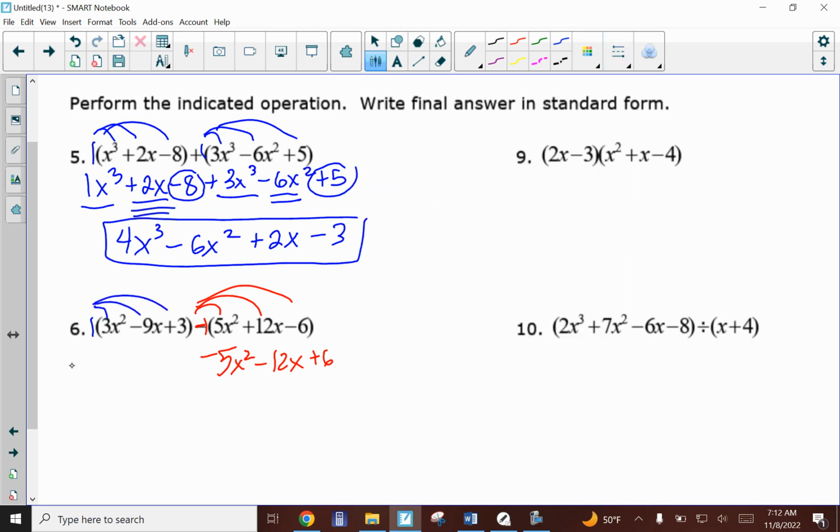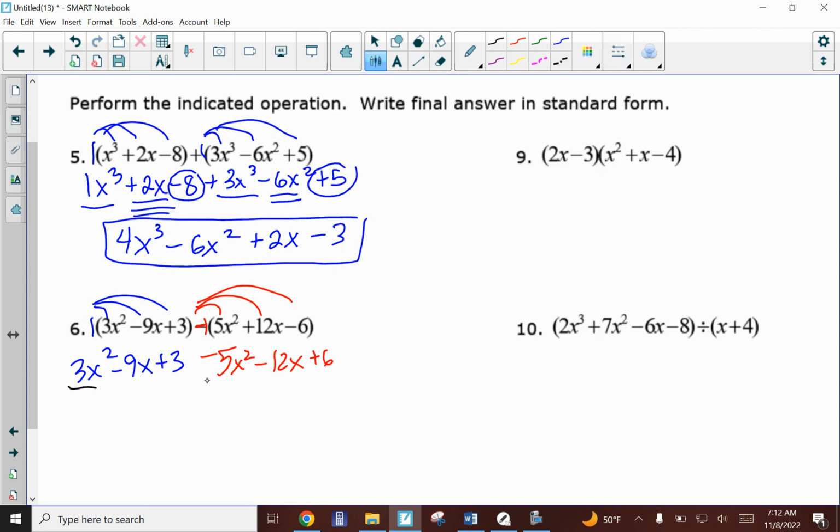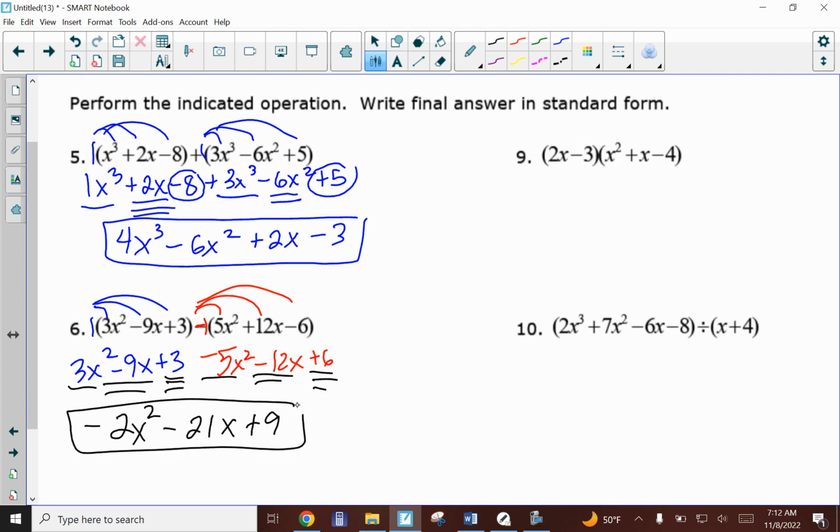So when you times the +1 to everything, it stays exactly the same. And then after we get rid of all of our parentheses, now we can combine like terms starting with the x squareds. So I have a +3x and a -5, so that means -2x squared. Then I have a -9x and a -12x, so that makes -21x. And then I have my constants, +3 and +6 makes +9. So that's my final answer.